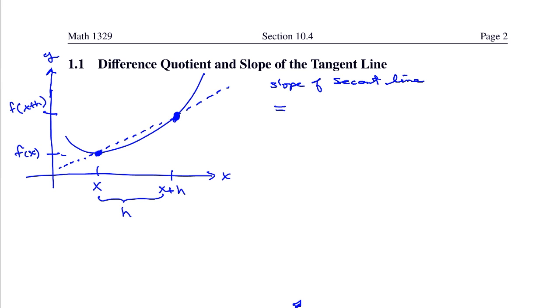And that would be the y-coordinate, which is this one, f of x plus h, minus the y-coordinate of the second point, f of x, divided by the first x-coordinate, so x plus h, minus the second x-coordinate, so x by itself. Now, does everyone see that that's the slope of the secant line, using this as P and this as Q?